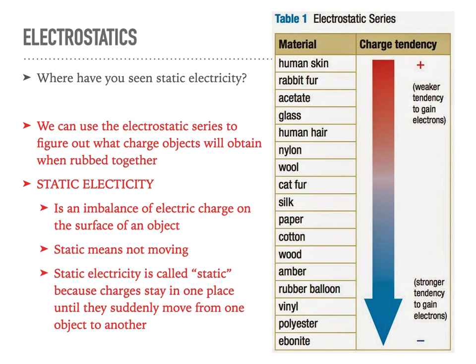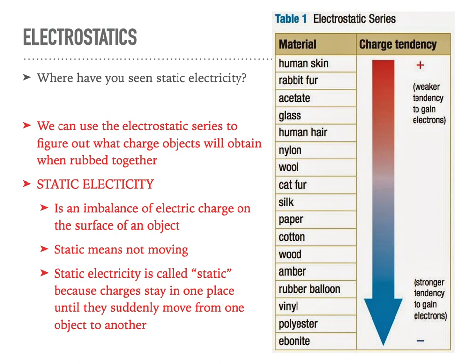For example, with nylon and wool, nylon is closer to the top of the list, therefore it's going to lose electrons and get a positive charge. Wool is closer to the bottom, so it's going to gain electrons and become negatively charged.